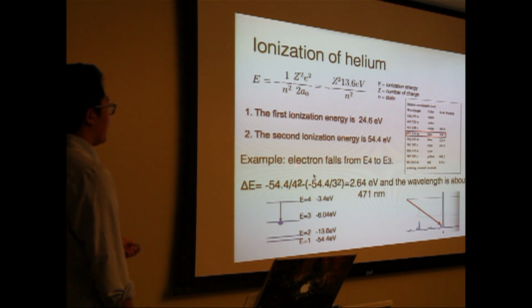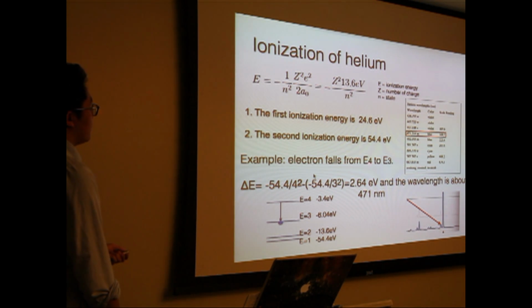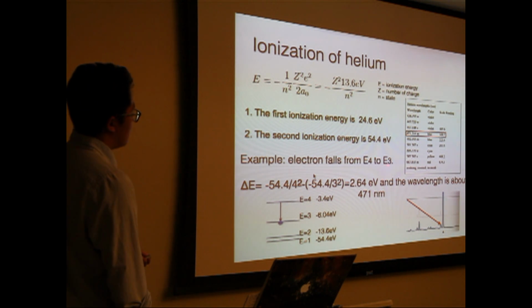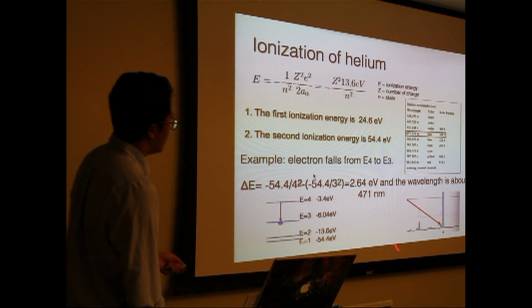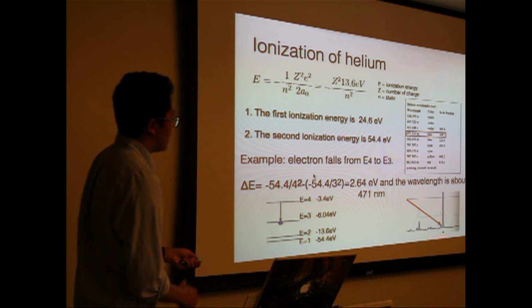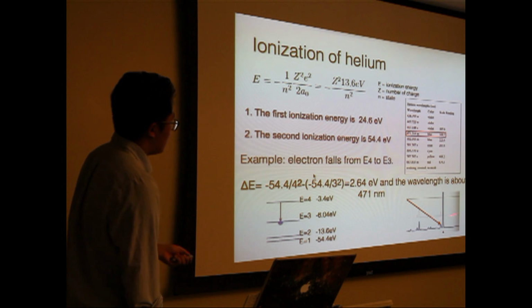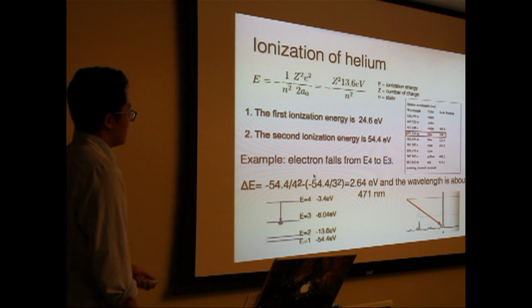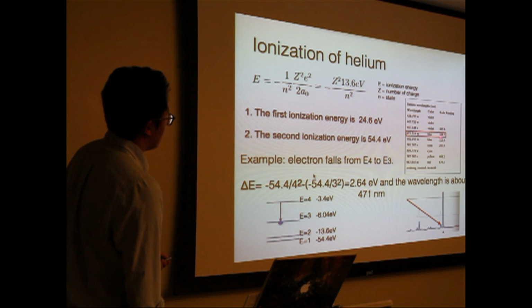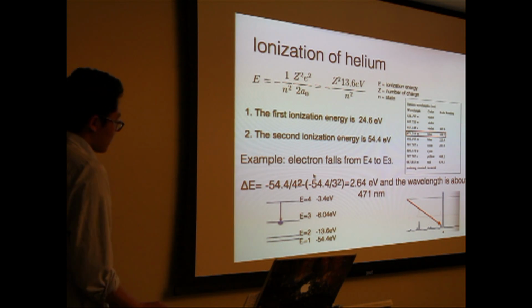Use this as an example. For example, an electron falling from the fourth energy level to the third energy level will require 2.64 volts. And this is the example I mentioned earlier, where the wavelength matches one of the peaks of the spectrum we measured, which gives us the blue color peak.